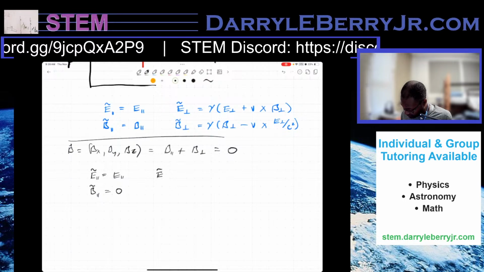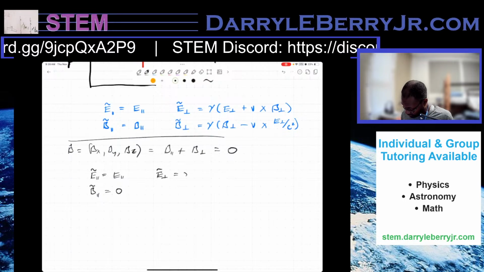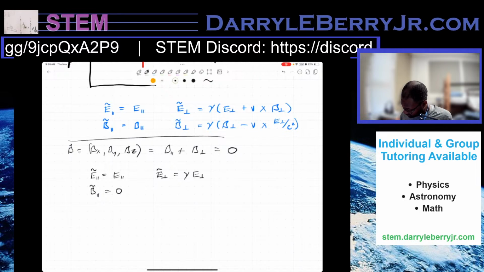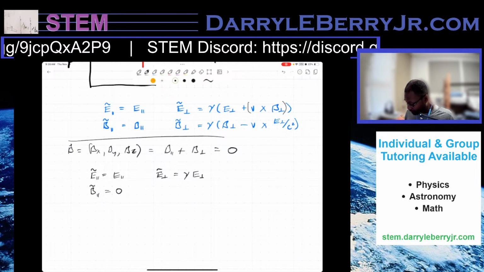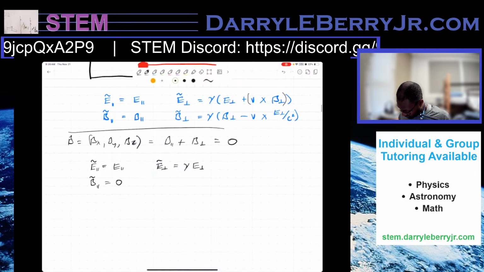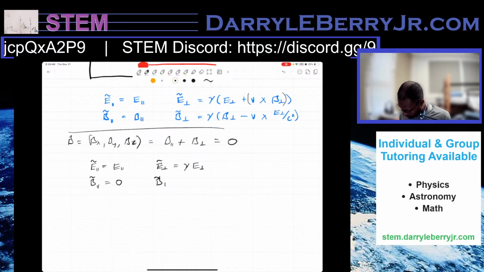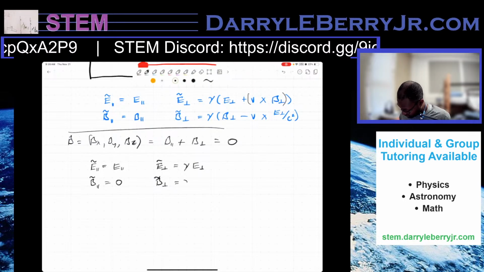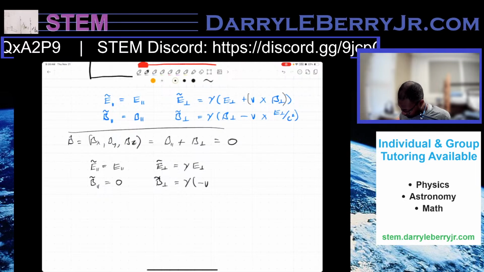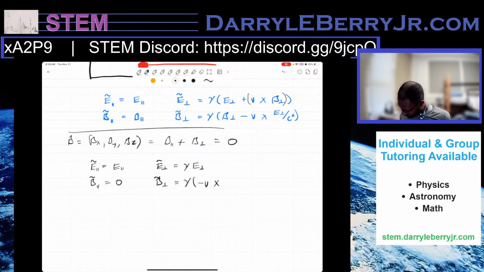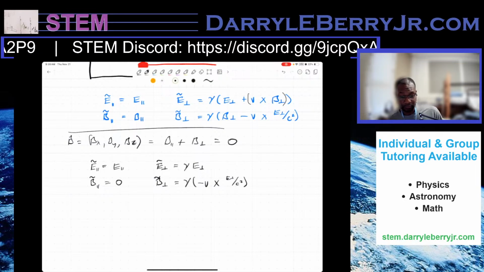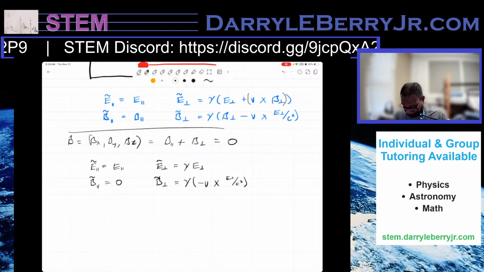We have E perpendicular boosted is gamma E perpendicular, because this is a cross product, so it's going to be V crossed with 0. And then we have B boosted perpendicular equals gamma negative V cross E perpendicular over C squared. So we have that.